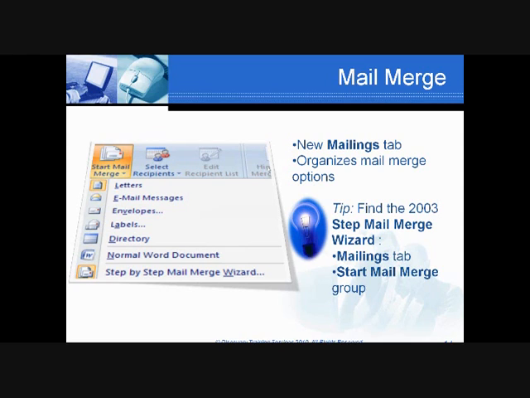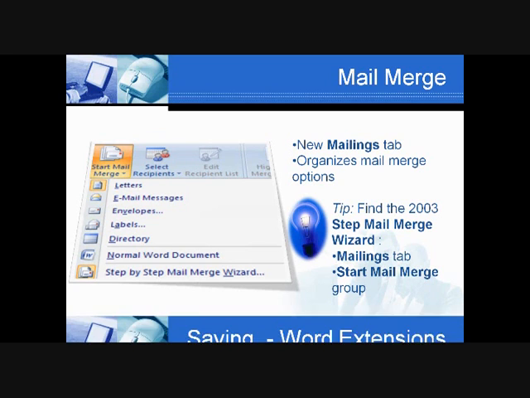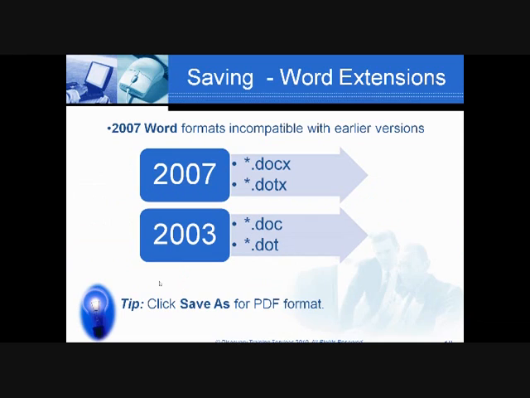You'll find that actually under a second group there called Start Mail Merge. If you click on that first button that says Start Mail Merge, I've got it screenshotted here for you, you'll click on it all the way down at the bottom. If you click on that step-by-step mail merge wizard, that's the 03 tool. Either way, you'll still be able to efficiently communicate and send a message out from start to finish.